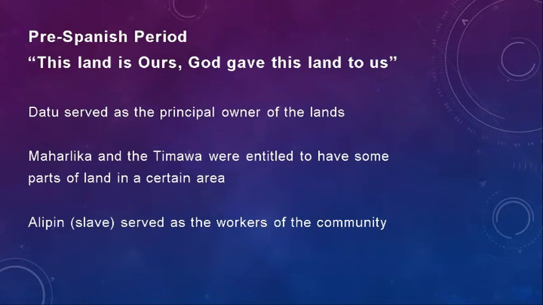People or Indios categorized as alipin or slave served as the workers of the community. A majority of yields from the land would go to the datu, but once an alipin was given a piece of land to own, then they would no longer be considered an alipin.